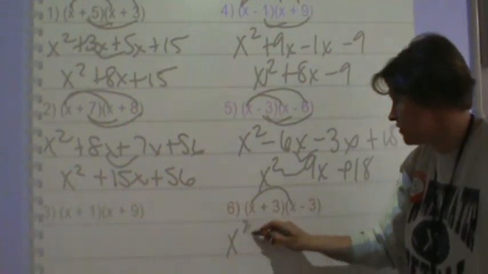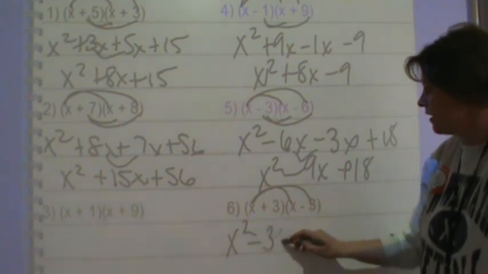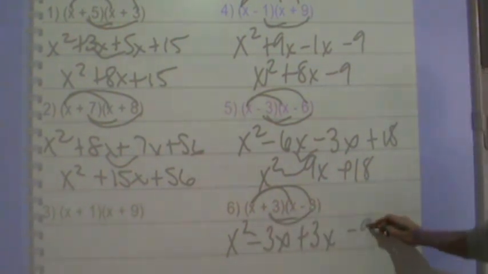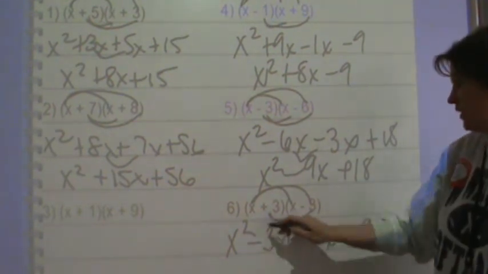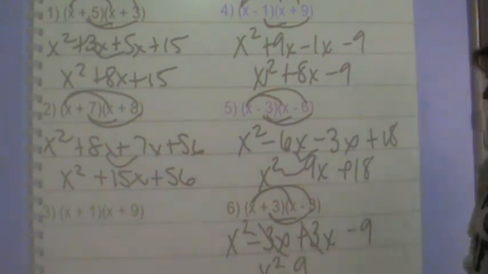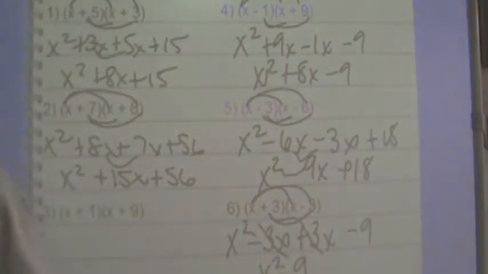X times x is x squared minus 3x plus 3x minus 9. Now, when I have minus 3x plus 3x, they're gone. So that's just going to become x squared minus 9, kind of a special little one. All right, so that's the gist of part 1. And I'll have you do some practice ones on this to make sure we've got it.